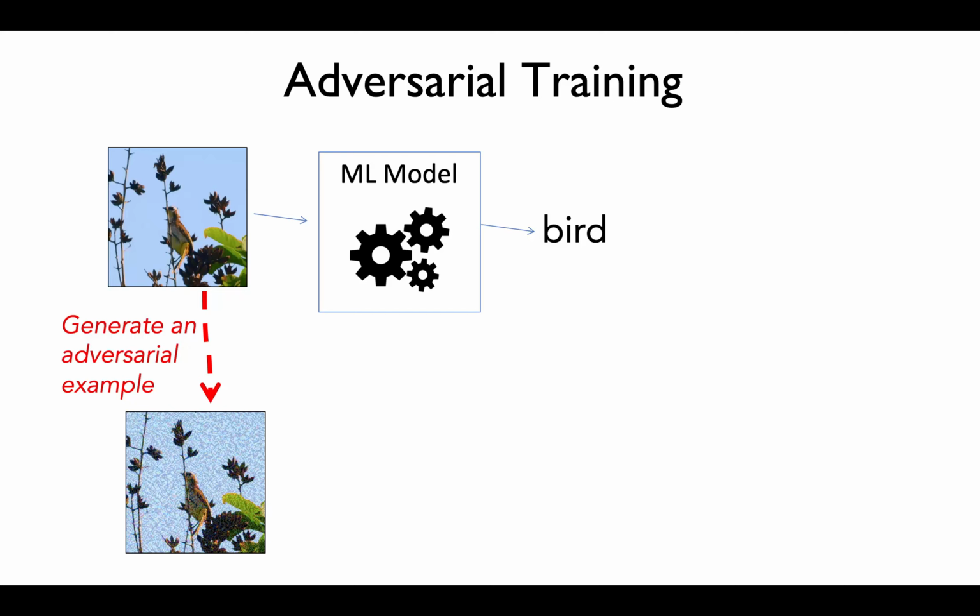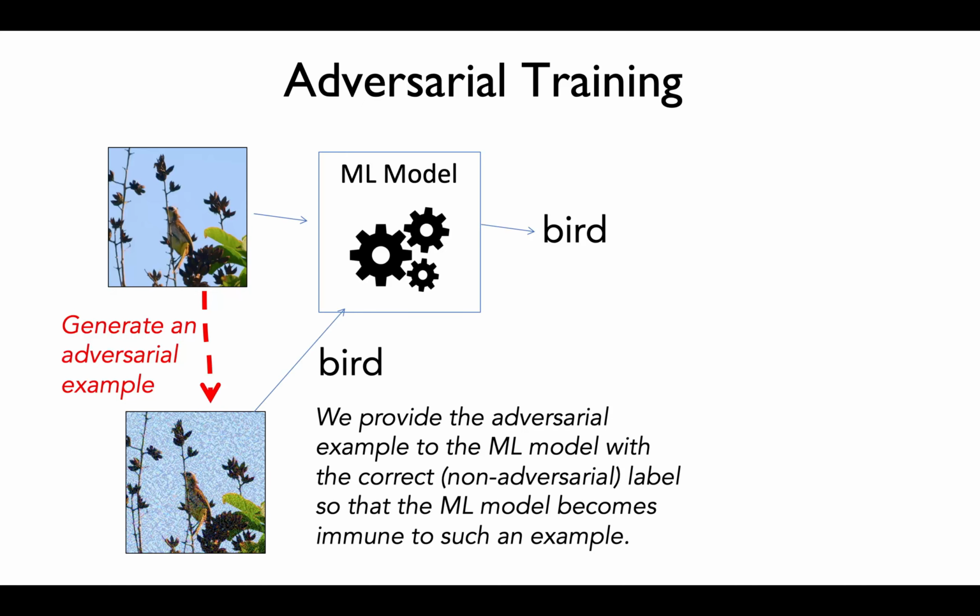Since the adversarial examples are fed to the ML model during the training, we say that we are making use of adversarial training. And we repeat this, and using this, we are showing adversarial examples to the ML model during the training, in the hope that we will be able to catch the potential adversarial examples.